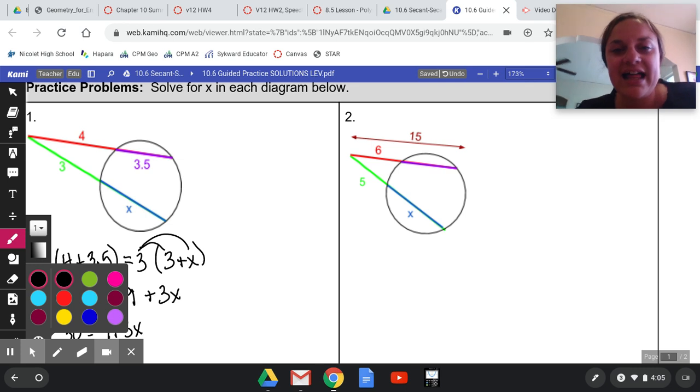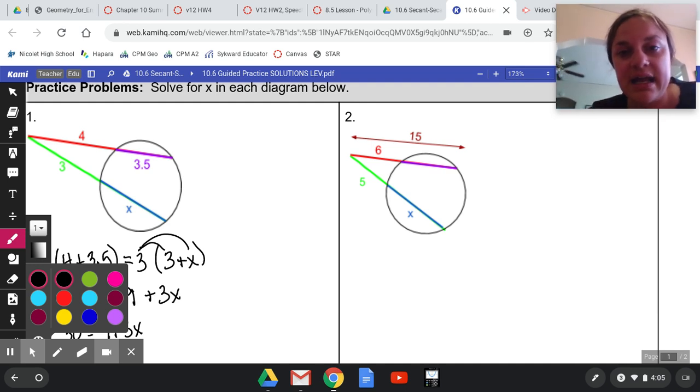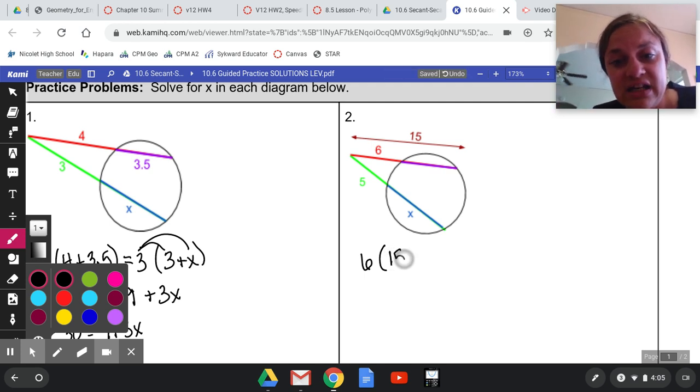Next, level 2. So we're still going to do outside times whole. Outside part times the whole part. So in this case, in the line on top, my first secant, I've got 6 is the outside part. And then my inside part for inside the parentheses, that's already given to me. That's 15.